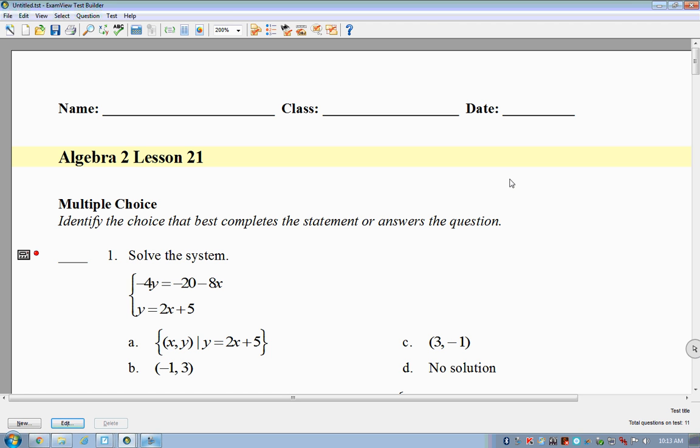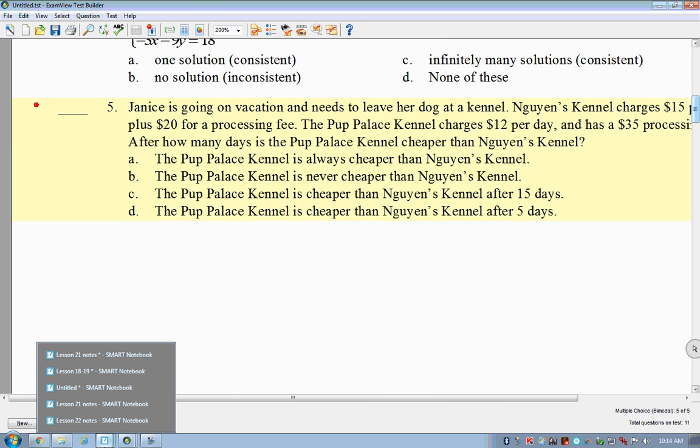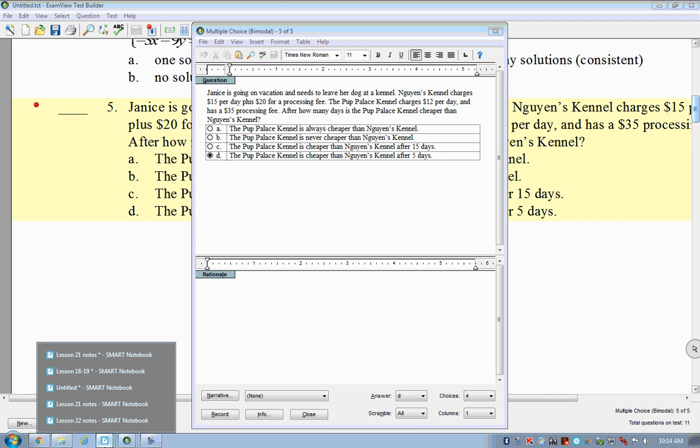It does not appear to scroll. I can look at it, but it won't let me scroll. Oh, hey, here we go. Now we're moving.